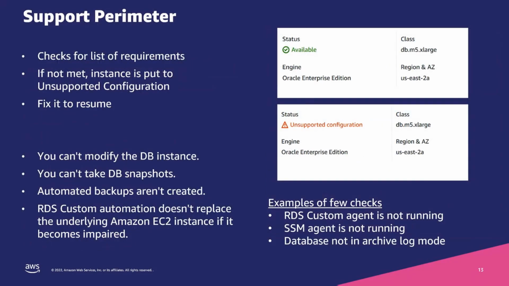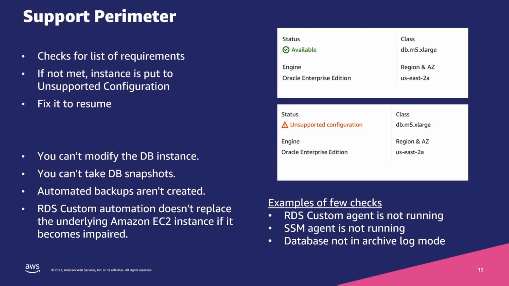Let's look at the support perimeter. RDS Custom provides an additional monitoring service called the support perimeter. Now, this additional monitoring ensures that your RDS Custom instance uses a supported AWS infrastructure, operating system, and database.